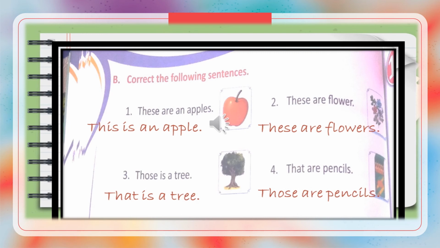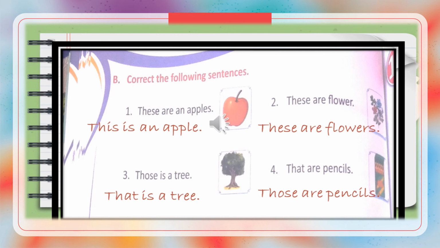Number 3. Those is a tree. Now for singular things which are far away from us, we don't say those is. It's one tree which is far away from us, so we will say that. That is a tree.